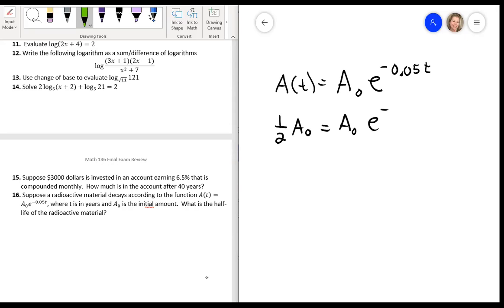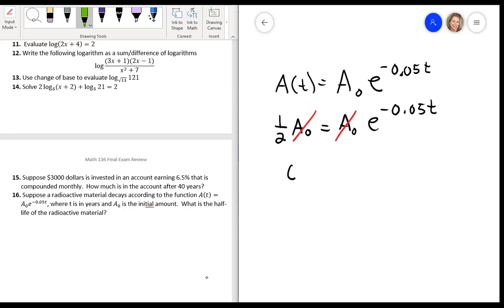So you take out A of t and put in 1/2 of A sub 0, because it doesn't really matter what A sub 0 is. If it's 500, I'd have half of 500, which is 250. When you divide, you'd get 0.5. So the 1/2s literally cancel out.